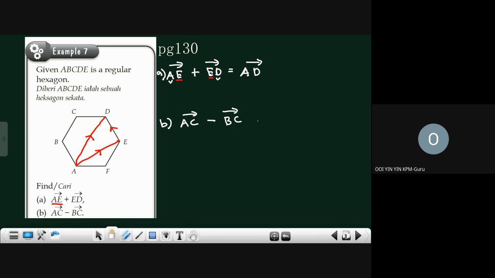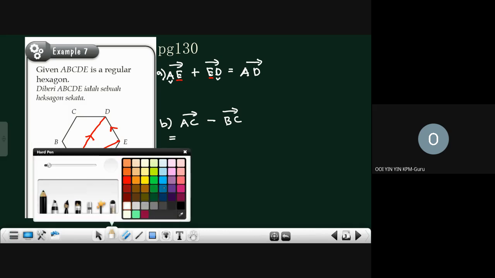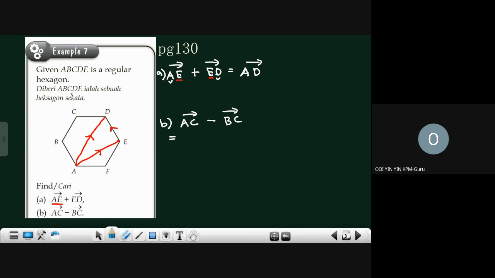Never mind, I'll teach you how to handle the negative. Continue, let's take a look here. I'll use the blue color. Where's your AC? Your AC is this vector. Since it's AC, you follow the alphabet: from A, the initial point, to C, so your arrow must go like this. And then minus BC.